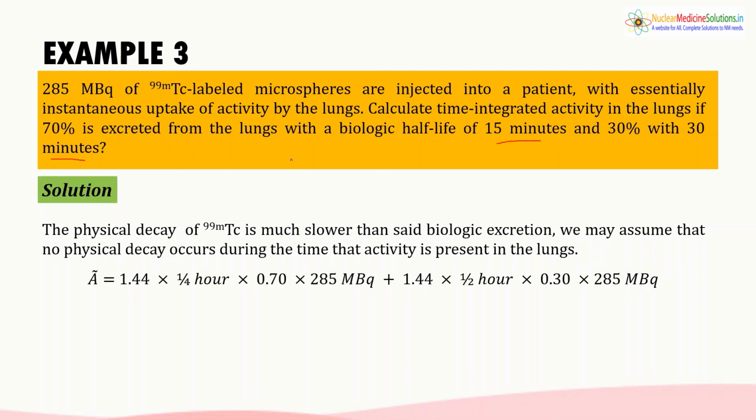In this situation, the physical decay of technetium-99m is much slower than the said biological excretion. So we may assume that no physical decay occurs during the time that the activity is present in the lungs. So A tilde will become equal to 1.44 into A0 times 0.7 into 1/4 hours, because the equation is in hours, so 15 minutes is converted into hours, plus 0.3 into 1/2 hour, since 30 minutes is half an hour.